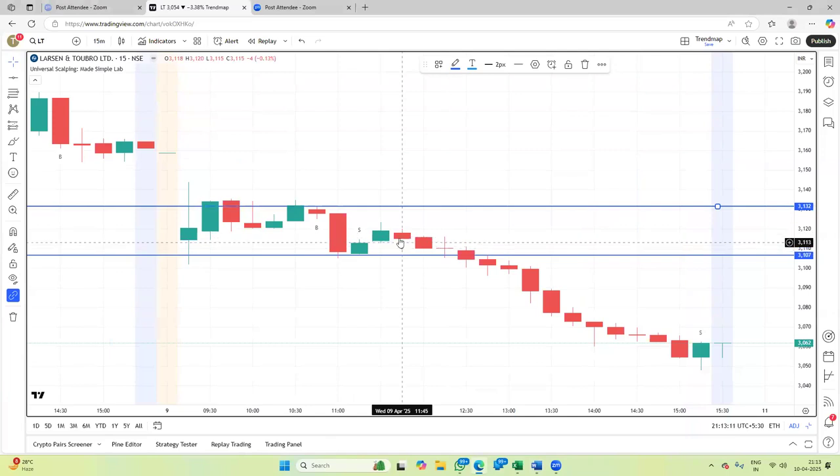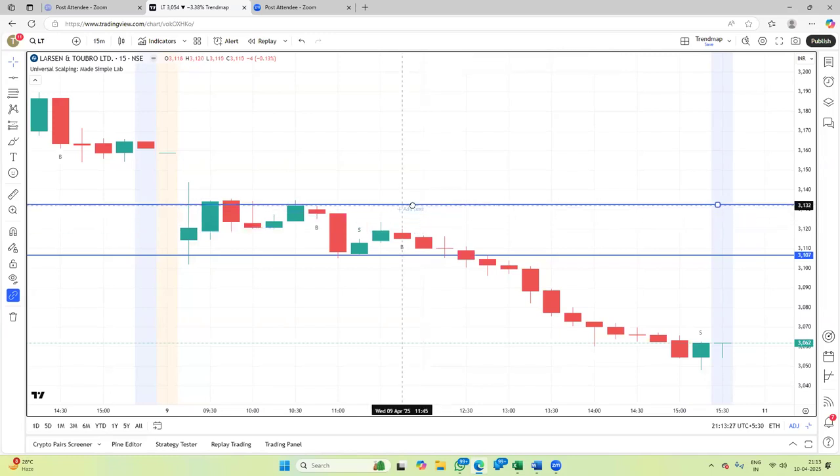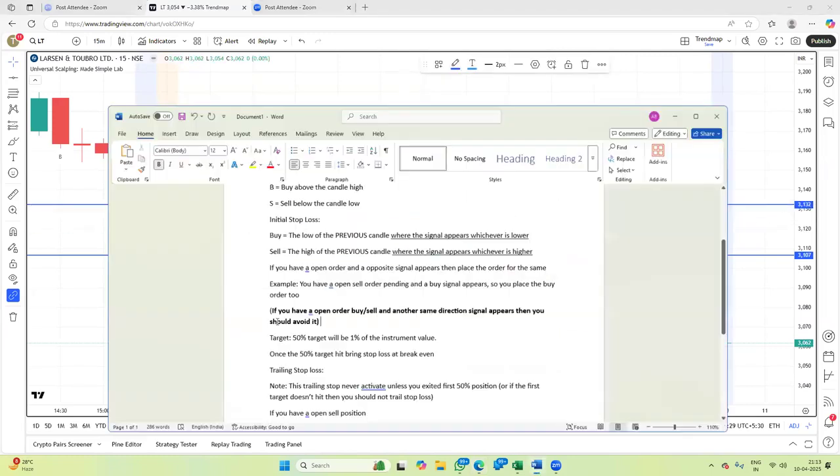Example here: you have a buy open order, right? An opposite signal appears, yes, you have placed it, but again a buy appears. Should you modify your buy trade here? No. This is restricted by this rule.